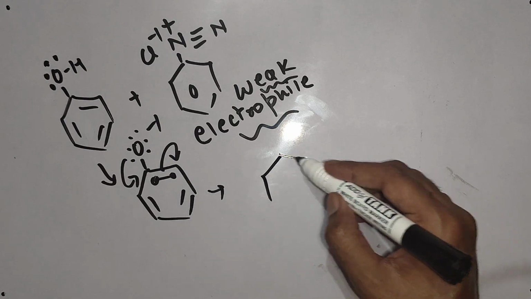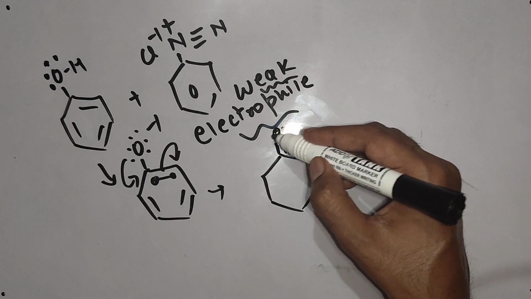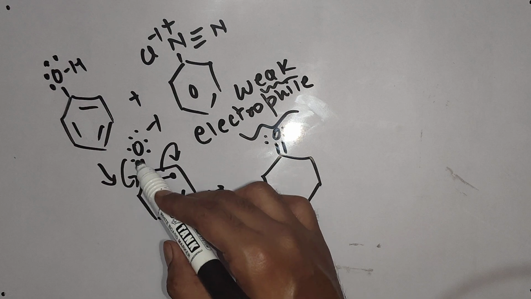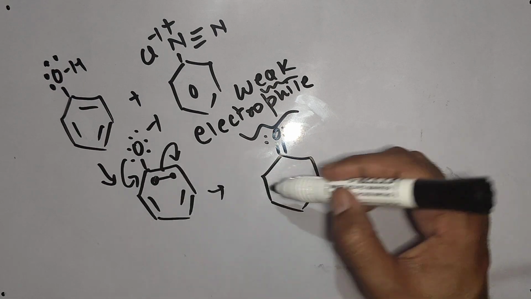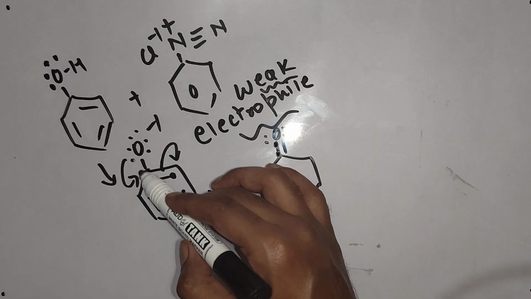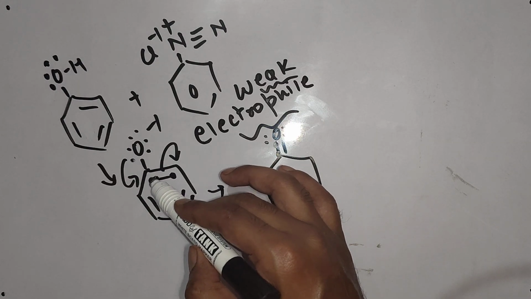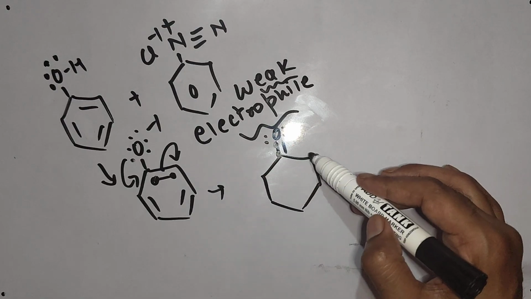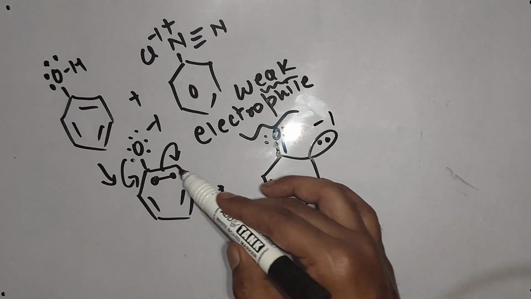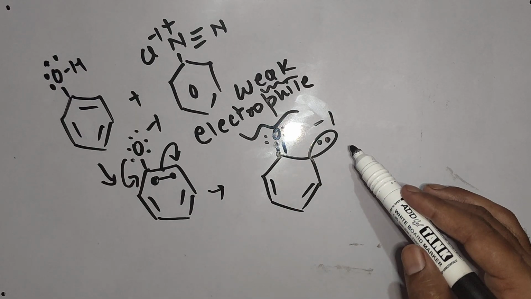So due to resonance, what will happen? You know what resonance will happen here. Of the 3 lone pairs on oxygen, 1 pair will shift here for bond formation, and only 2 pairs will be left. Its negative charge will finish, because this electron has transferred toward carbon, and when these electrons come here, the pi electrons will feel repulsion and shift to the next carbon like this, with a negative charge on this carbon, because of this extra electron coming on this carbon.